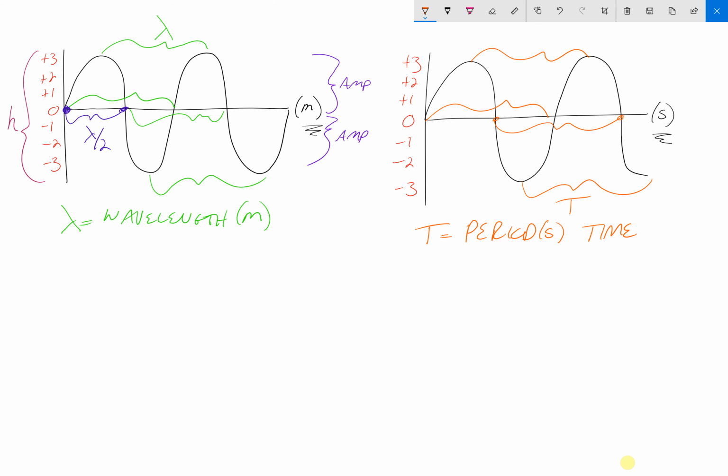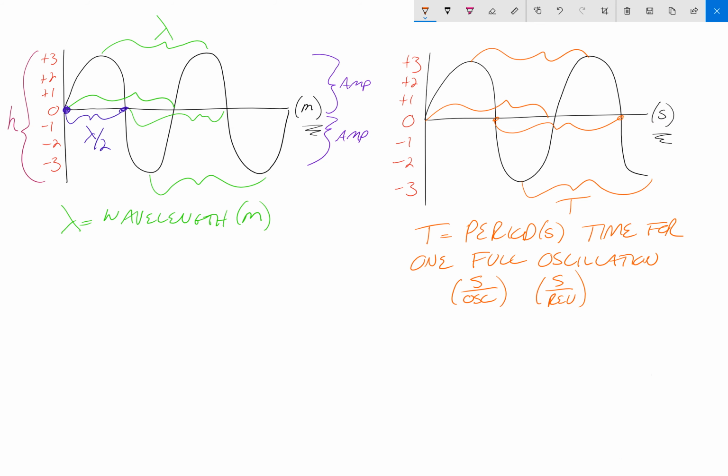It is the time for one full oscillation. It's literally seconds per oscillation. You may see it as seconds per revolution, but either way, seconds should be in the numerator. I throw that out there as a hint.